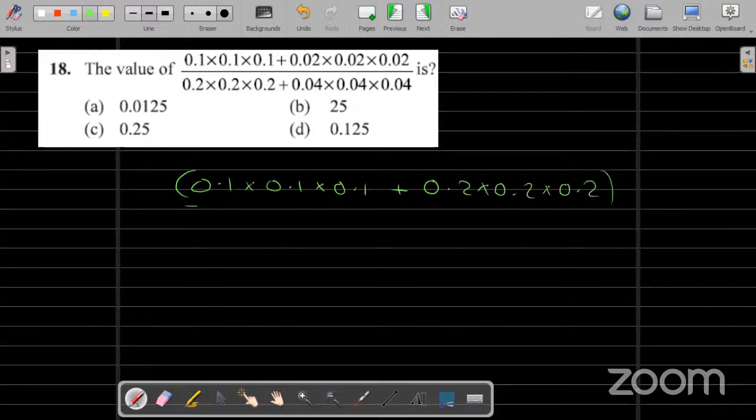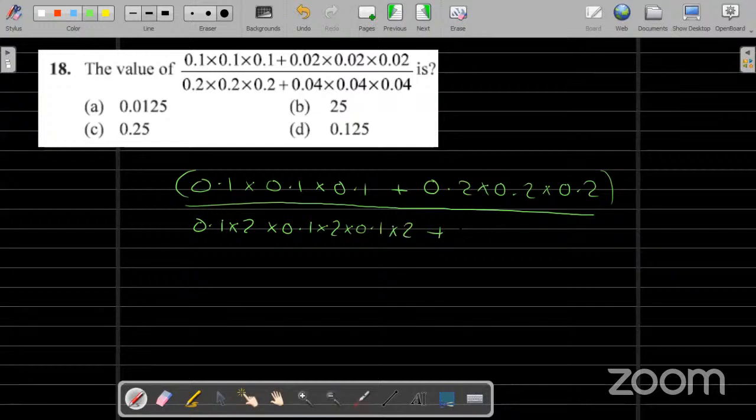Now, if you look at the denominator, 0.2 into 0.2 into 0.2 can be taken as 0.1 into 2, into 0.1 into 2, into 0.1 into 2, plus 0.04 into 0.04 into 0.04, which can be taken as 0.02 into 2, into 0.02 into 2, into 0.02 into 2.